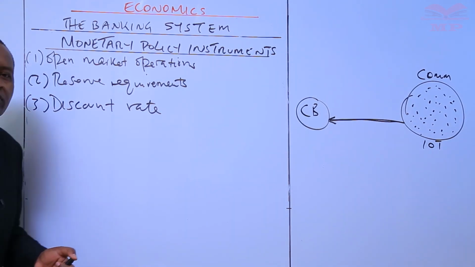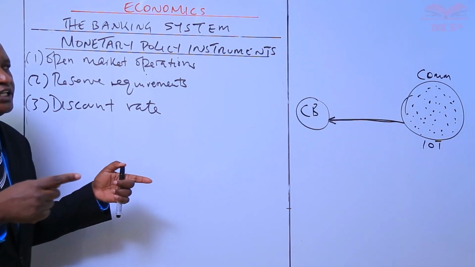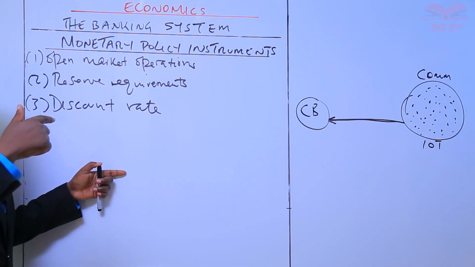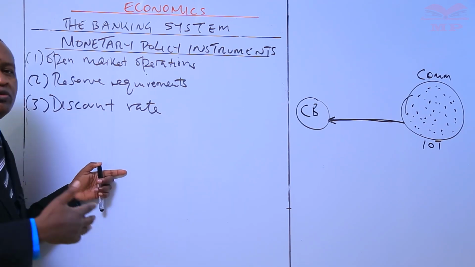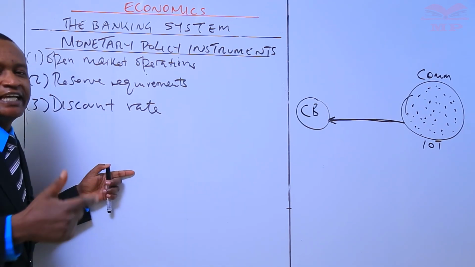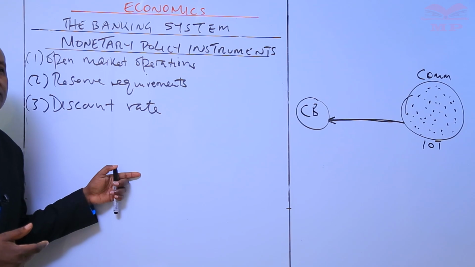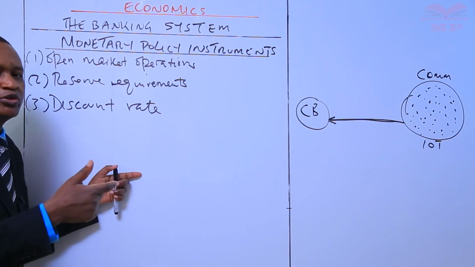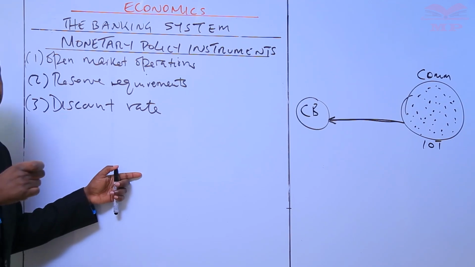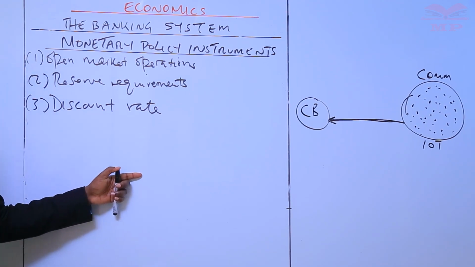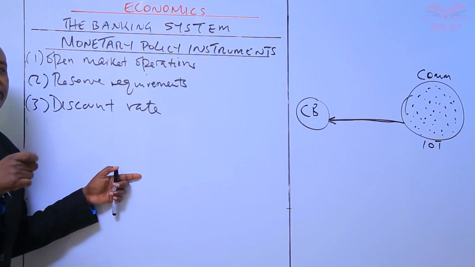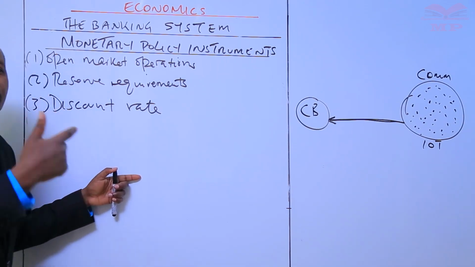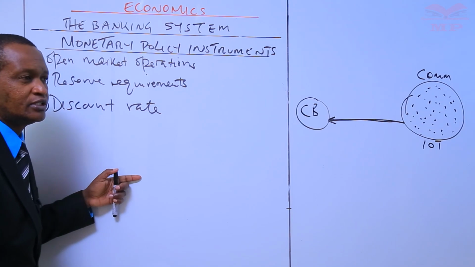So the level of the discount rate is set above the normal funds target rate. As such, the discount window serves as a backup source of funding for depository institutions.